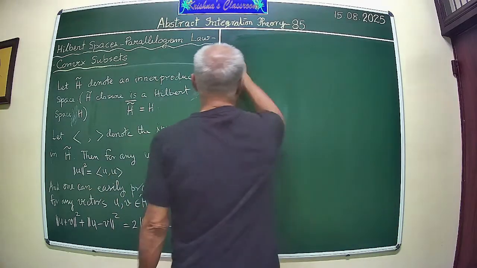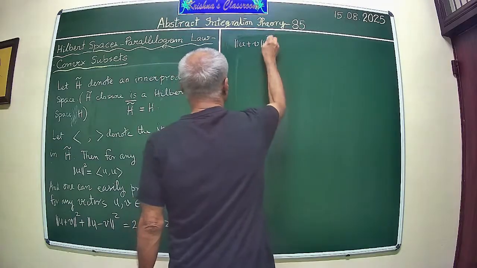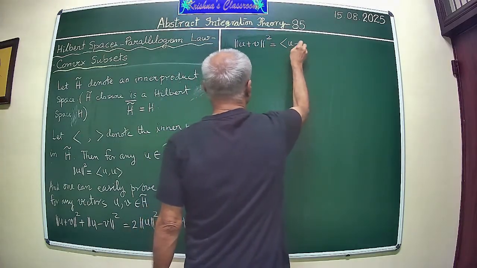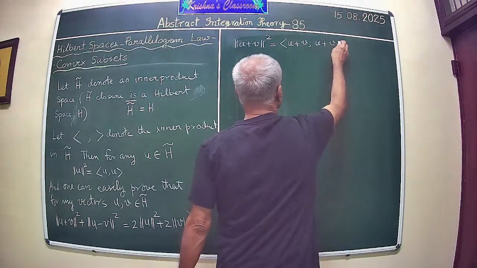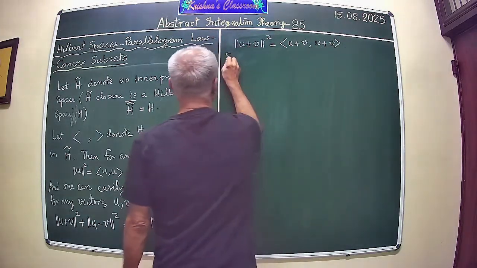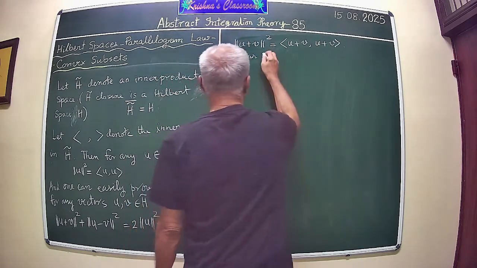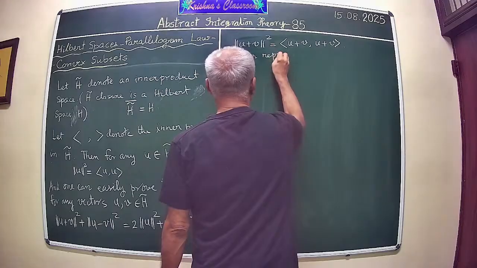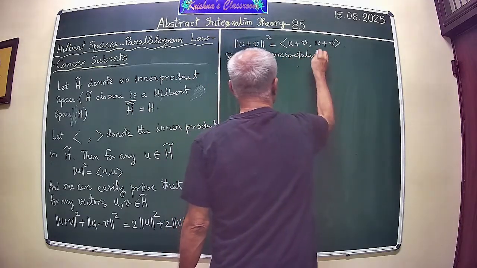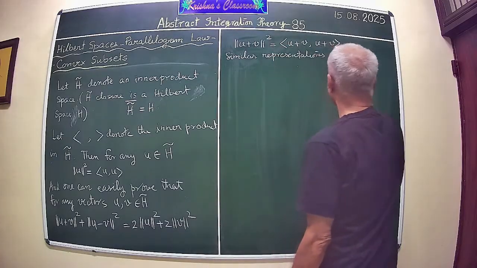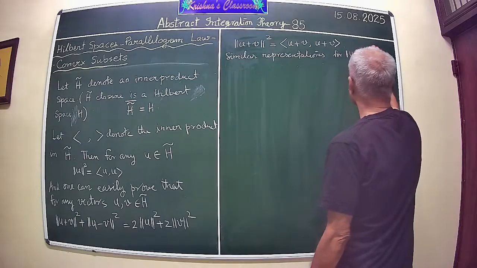So you see that similarly, similar representations for U minus V whole square.